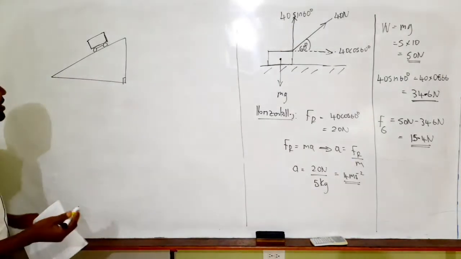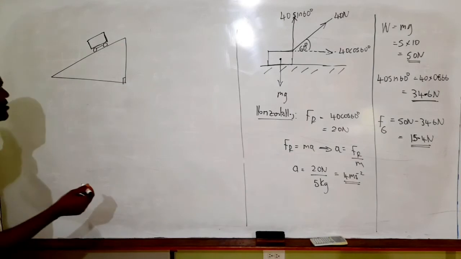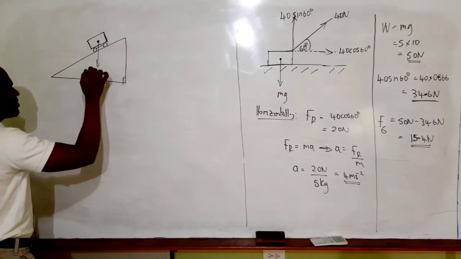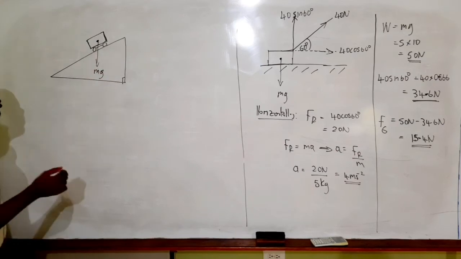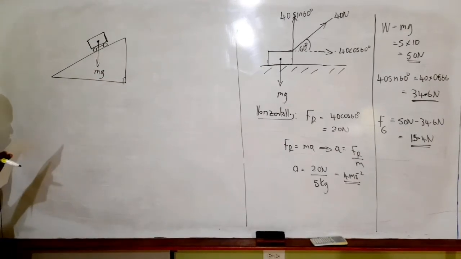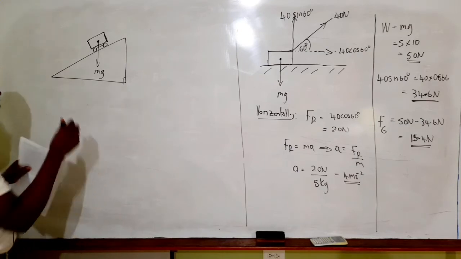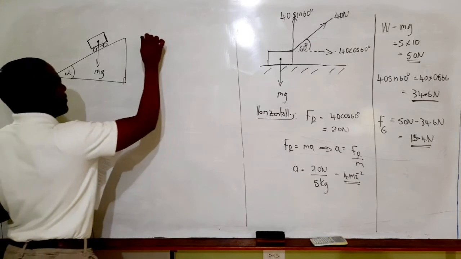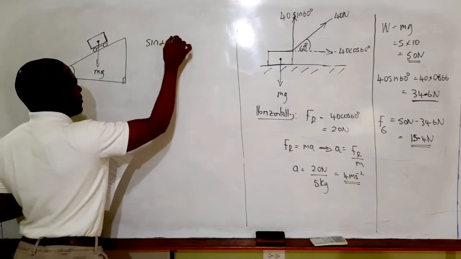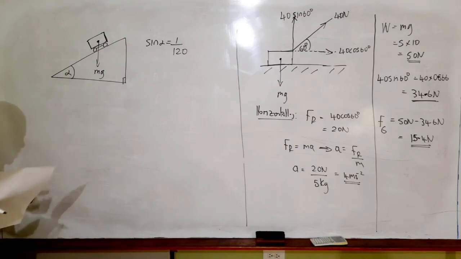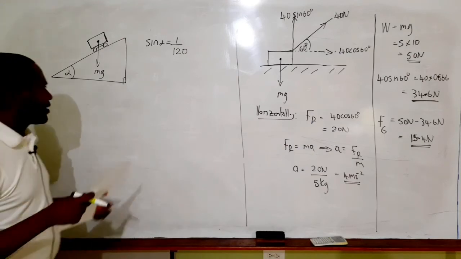But before we put the acceleration, let's examine the forces acting on the truck. We always have the weight, which acts vertically downwards, and we're told that the incline is at an angle alpha, such that sine alpha is equal to 1 over 120. So we're not given the angle, but we're given the sine of the angle.